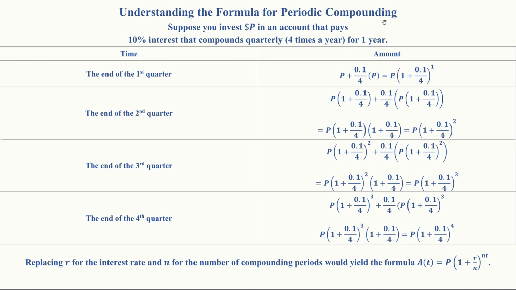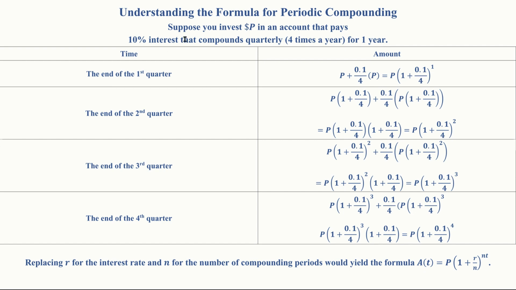So it would benefit us to understand where the periodic compounding formula, which is this more involved formula down here, not as simple or elegant as A of t equals P e to the rt, but very important, comes from, because we need to know this before we can really get to the other formula.